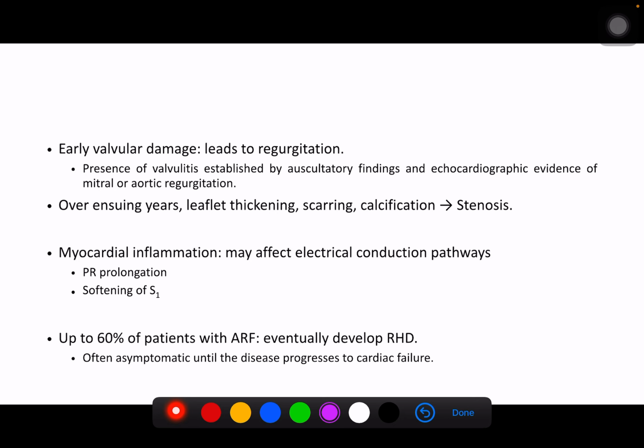Now early valvular damage. What do we mean by early valvular damage? It leads to regurgitation, with valvulitis established by auscultatory findings and echocardiographic evidence of mitral or aortic regurgitation. In mitral regurgitation, I would expect a holosystolic murmur with increased left atrial pressure and left atrial enlargement.